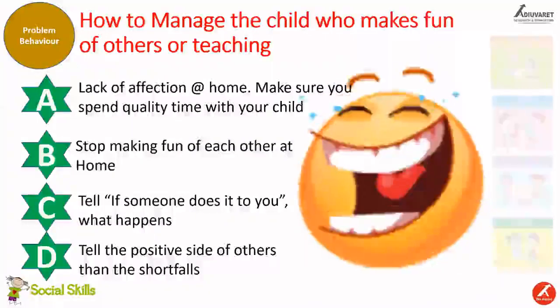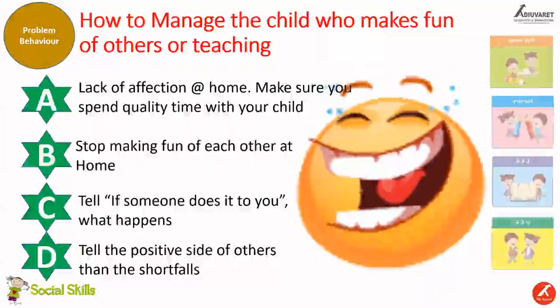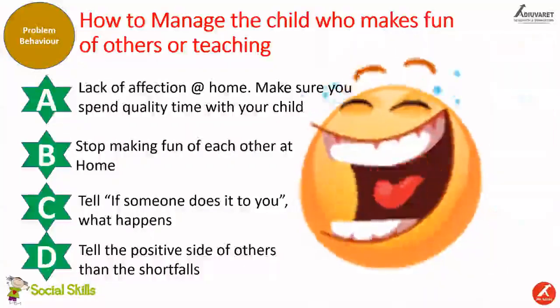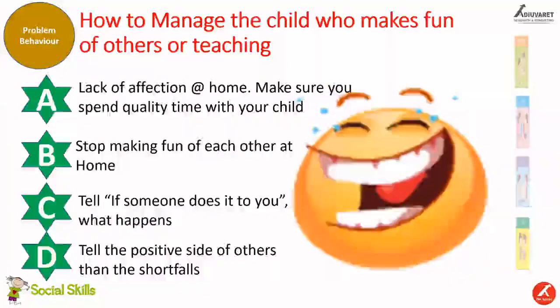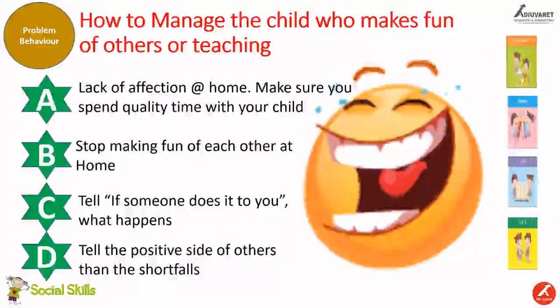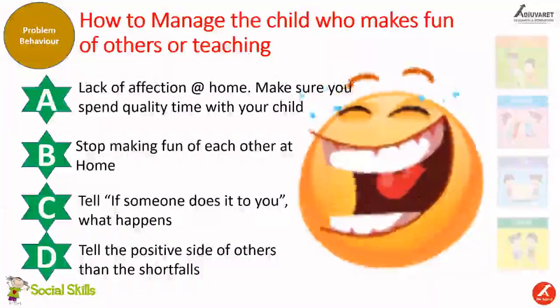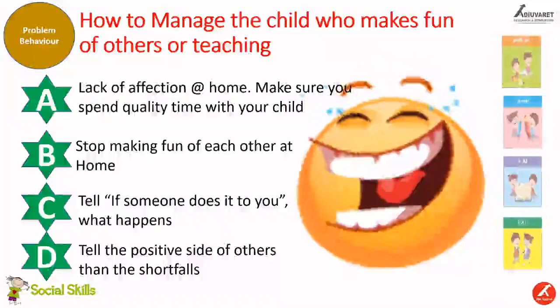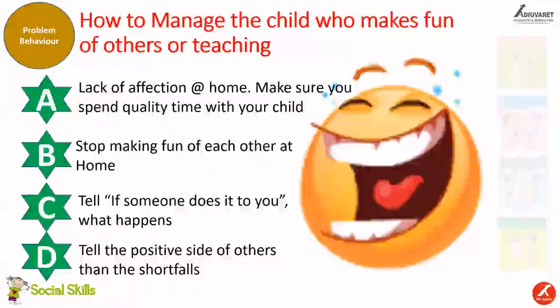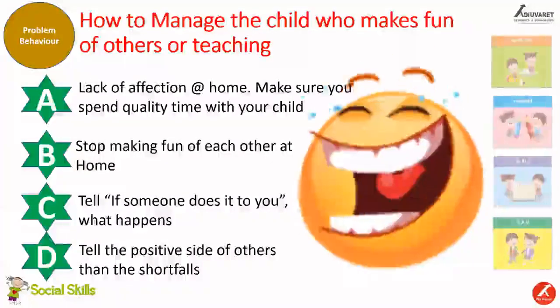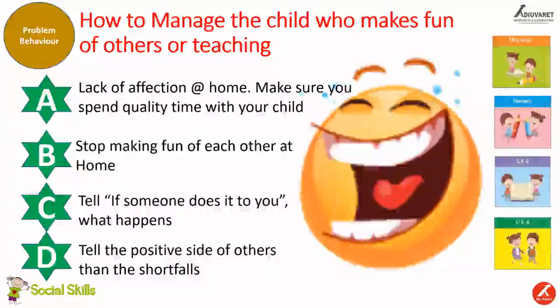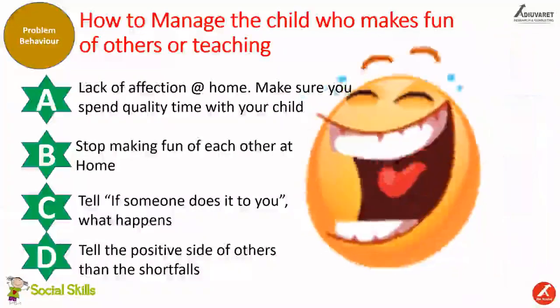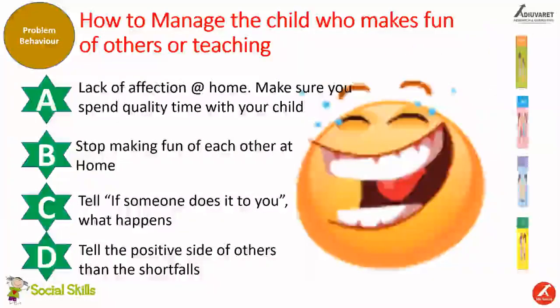The negative things could be the color of the child, how the child looks, or how the child talks to others. It could be anything. So teasing happens if the child is exposed to the negative aspects of a particular child.